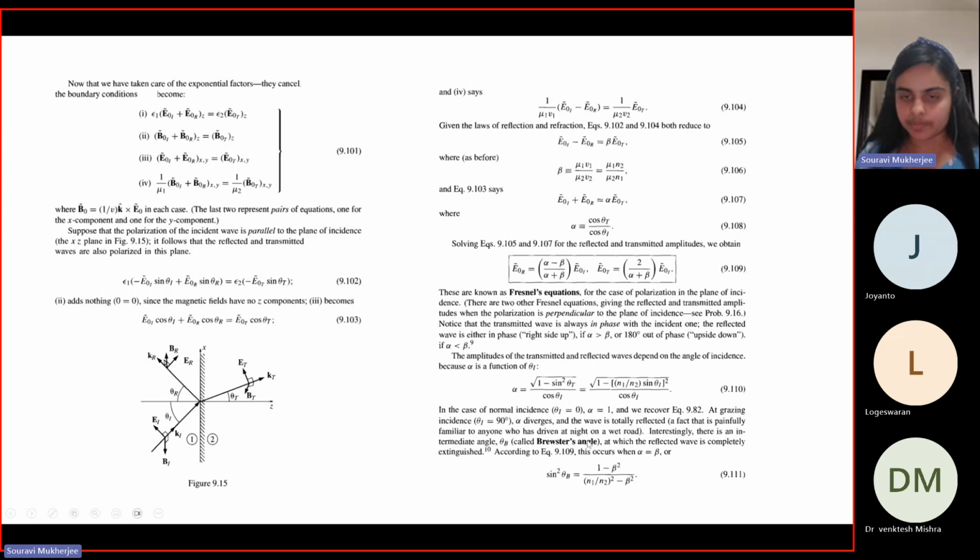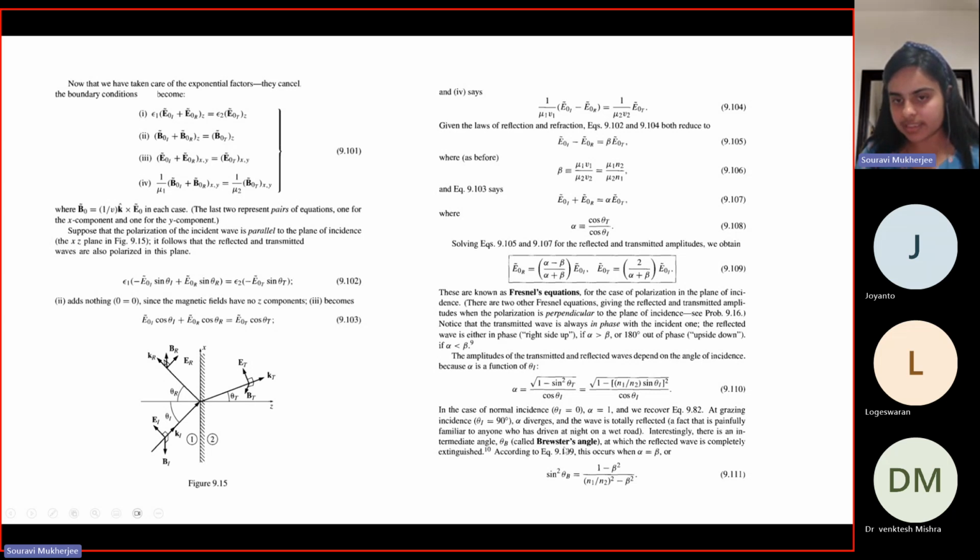So based on what your medium properties are, you can have this kind of phase difference between the incident and the reflected waves. And this is one particular case: when alpha is equal to beta, for the case where the polarization of the incident wave is parallel to the plane of incidence, your reflected wave is zero. This is called the Brewster's angle.